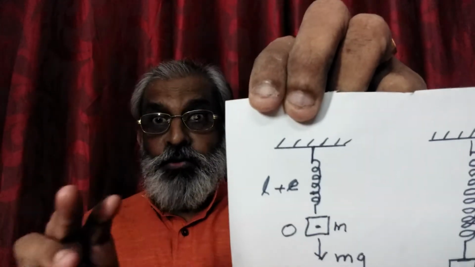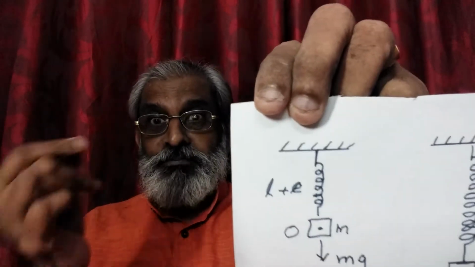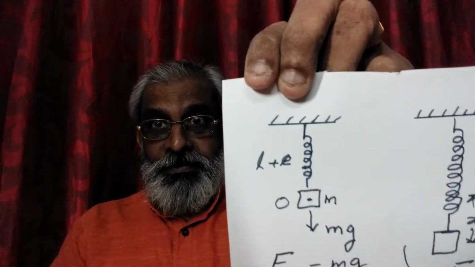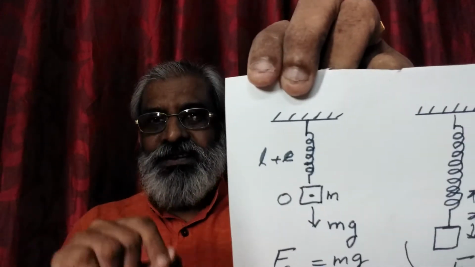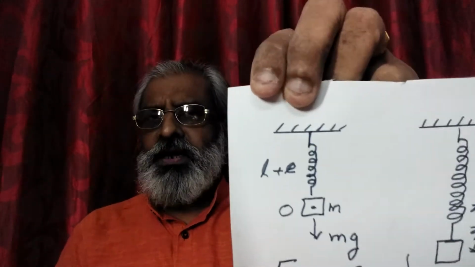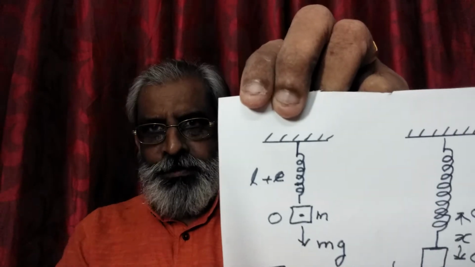Now the new length of the spring is L plus e. The applied force here, Fa, is the weight of the suspended block. That is, Fa equals mg.